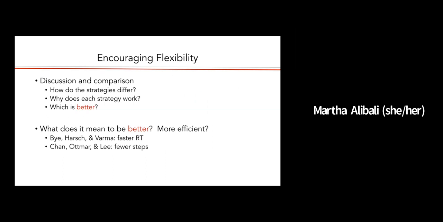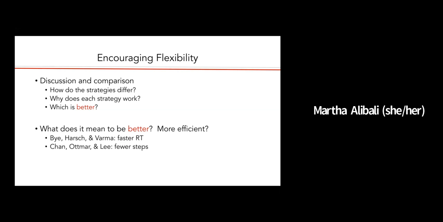And they encouraged flexibility through discussion and comparison. So how do the strategies differ? Why does each strategy work? Which is better? These are the kinds of things that maybe people are considering in the pause, or when they look at those missing add-in problems, deciding which way to go.